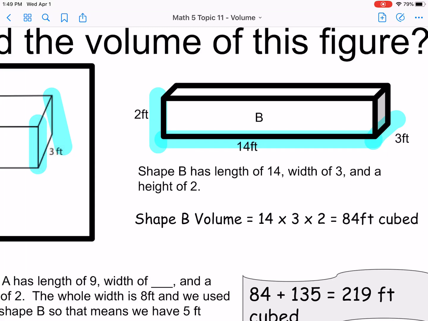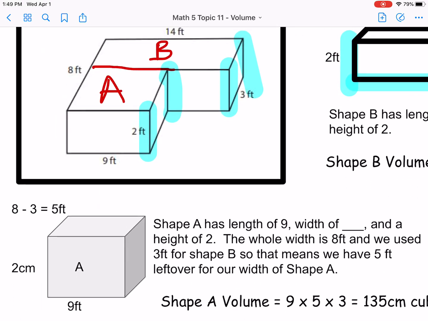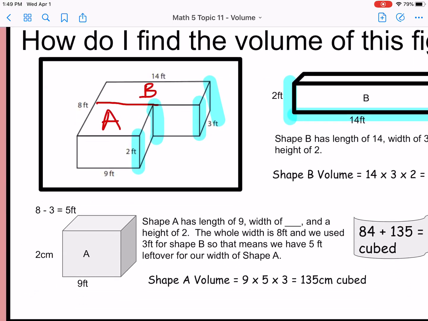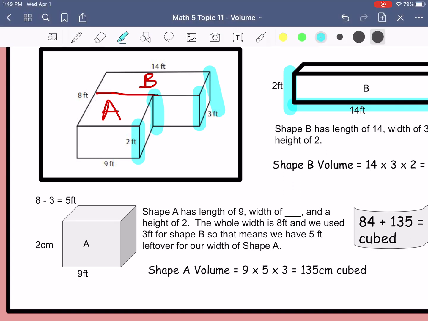Okay, so that one wasn't too bad. Now, let's take a look at shape A. We can see that it has a length of 9, which we've labeled down here. We've already looked at the height.